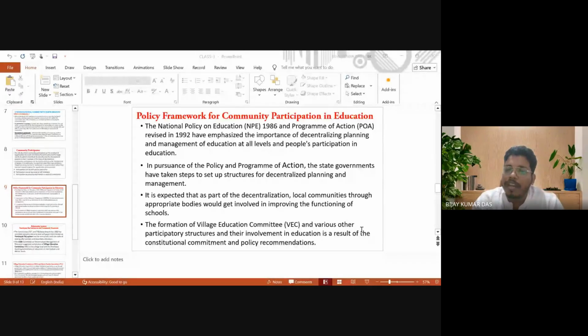Panchayat Raj Institutions, PRI. Another body, the committee CABE, on decentralized management of education, suggested constitution of village education committee VEC at the village level and Panchayat standing committee on education at intermediate and district level.